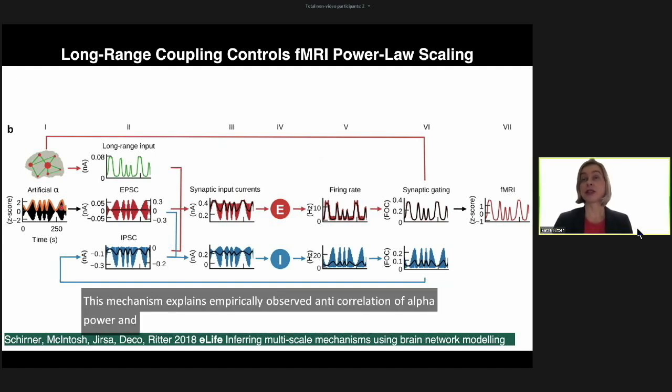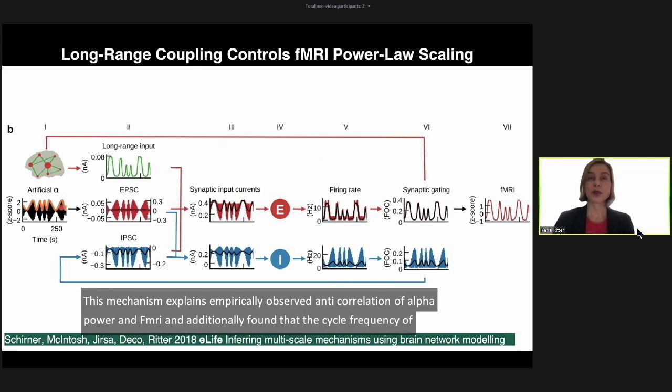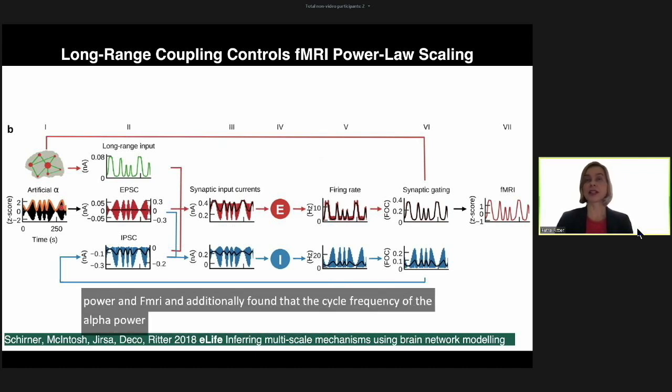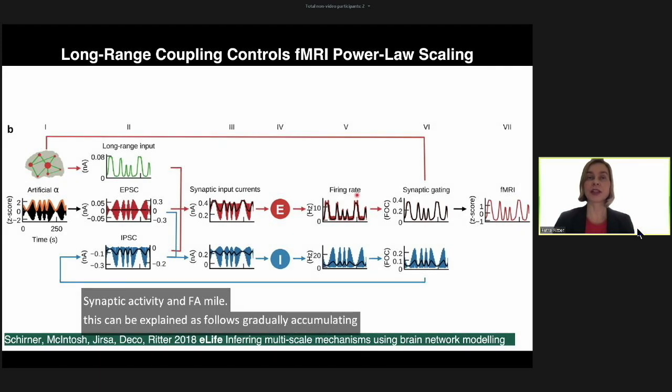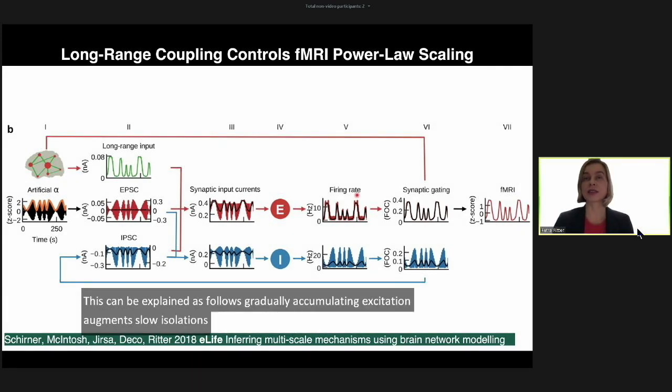In addition, we found that the cycle frequency of the alpha power modulation influences the resulting amplitude of firing rate modulations, synaptic activity and fMRI. This can be explained as follows. Gradually accumulating excitation augments slower oscillations more than faster oscillations.